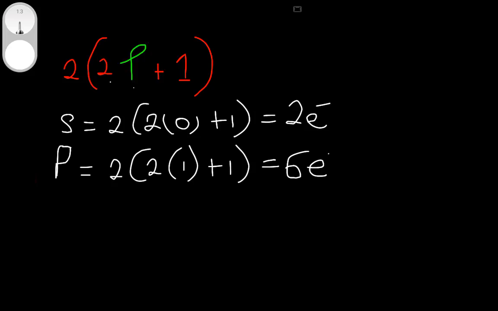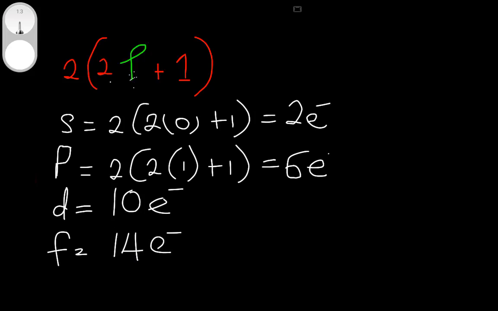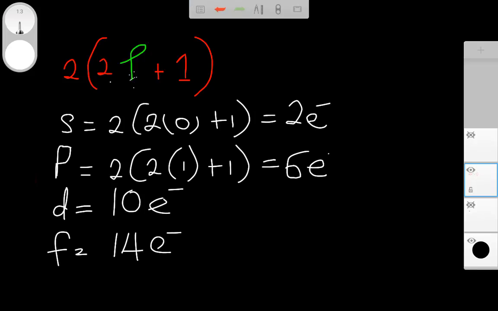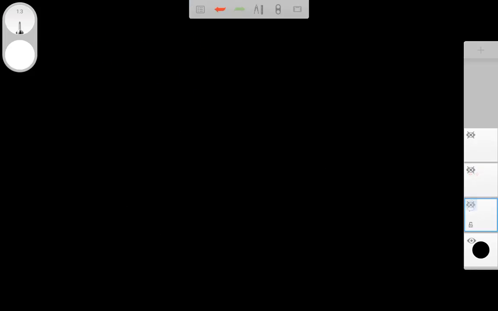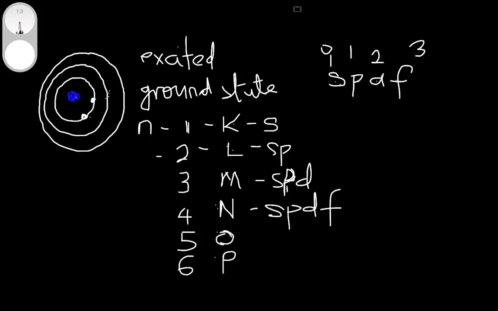You can also solve for D. D has quantum number 2, so we substitute 2 into this place, while for F you substitute 3. If you solve for D, you get a total of 10 electrons, while F will carry a total of 14 electrons. Very good. So now that takes us back to what we were talking about previously.